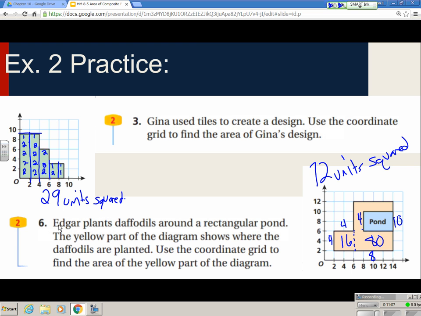And it goes from 8 to 14 on the width, which is 6. 6 times 4 is 24. So how you solve this is you add all the yellow space up, which is 80 plus 16, which gives you 96. But now we have to subtract the pond of 24, and you get 72.